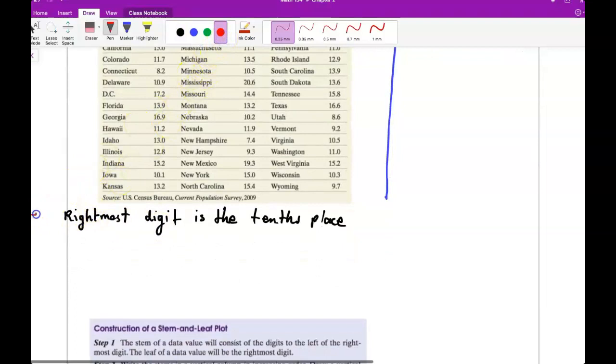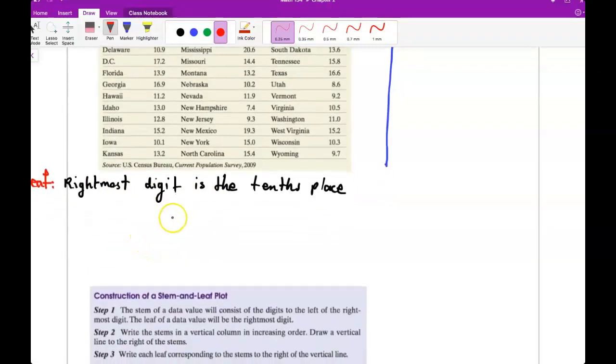So these are the leaves, and for the stem, those numbers that we have to the left of the rightmost digits.